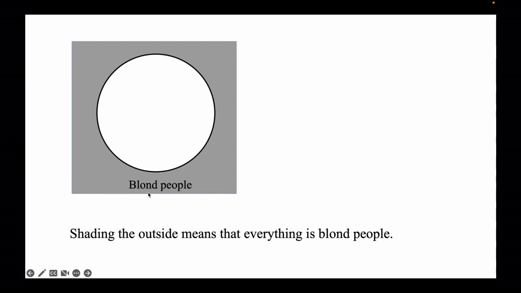Consequently, if I shade and indicate that there's nothing outside, I mean that everything is blonde people, that there's nothing else in the universe, because the outside, the container of everything else, is empty. There's nothing there.